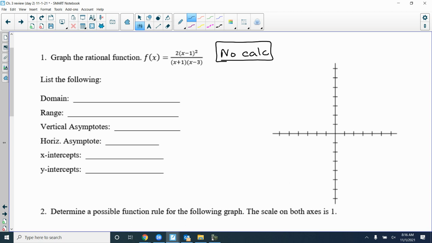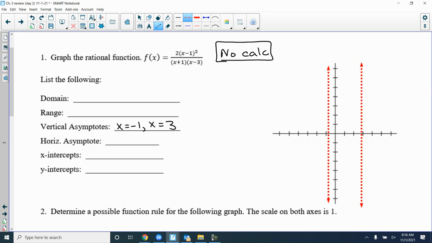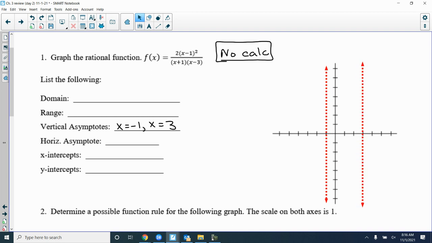It's going to be at -1. So x equals -1. And then at x equals +3. So I'm going to draw those in now. -1 and +3. So it's got to be 3 pieces. Remember, you can't cross a vertical asymptote.